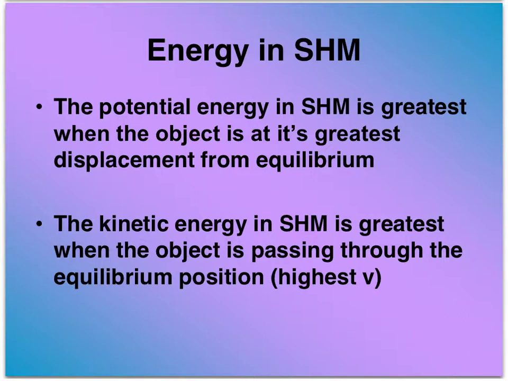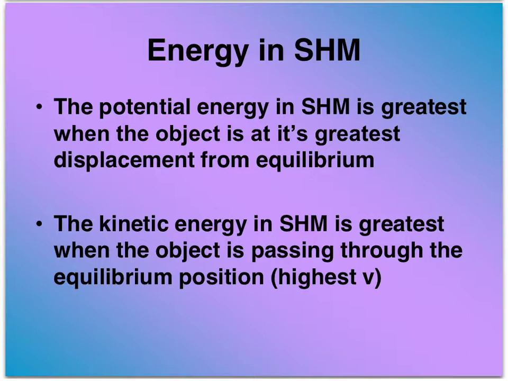Alright, so as with anything, we have potential and kinetic energy, and we're going to see a lot of similarities between this and other types of motion. Our potential energy in simple harmonic motion is greatest when the object is at its greatest displacement from equilibrium, and the kinetic energy is the greatest as it's passing through the equilibrium position.